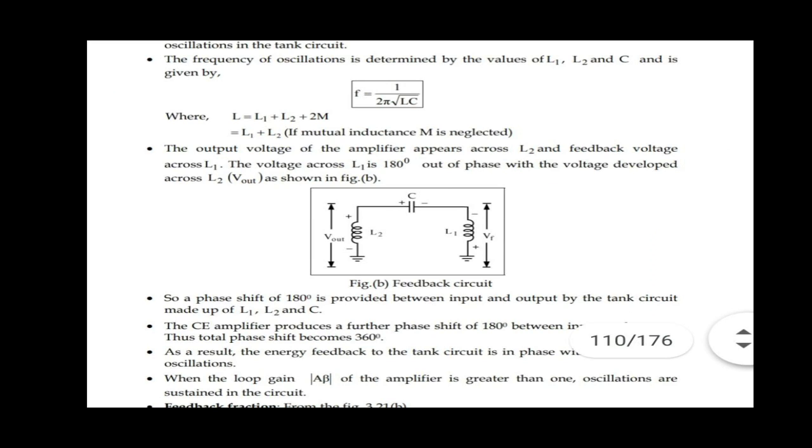As a result, capacitor C starts charging.